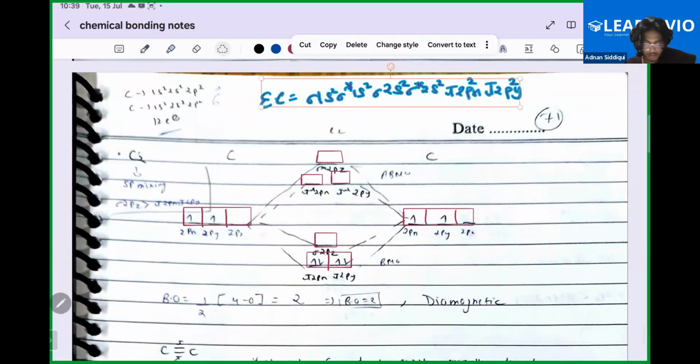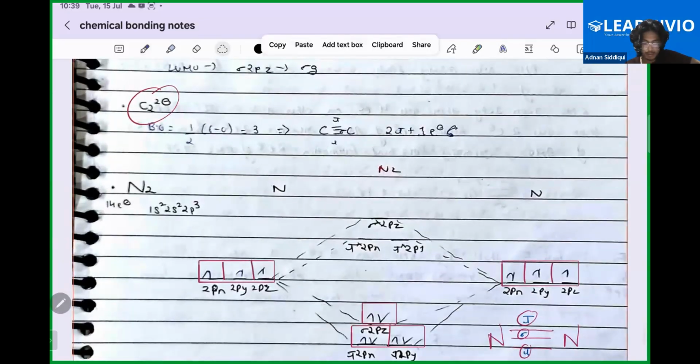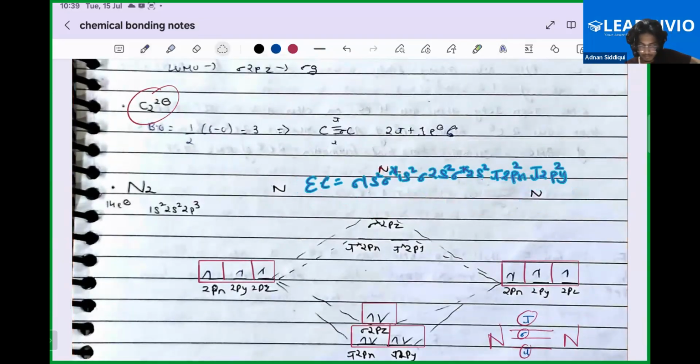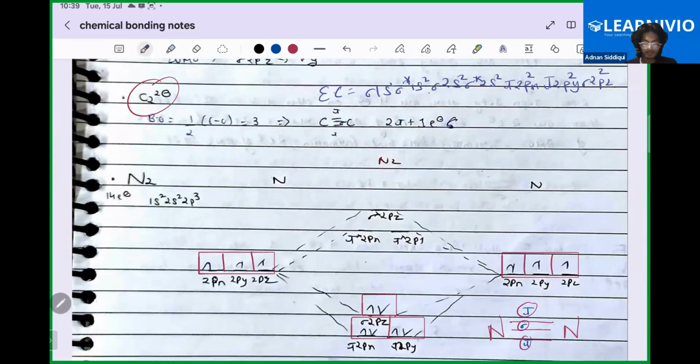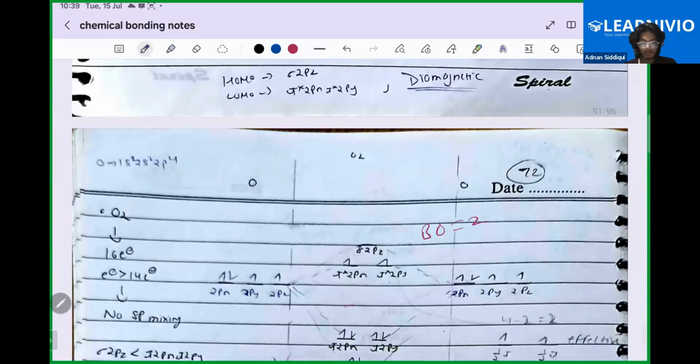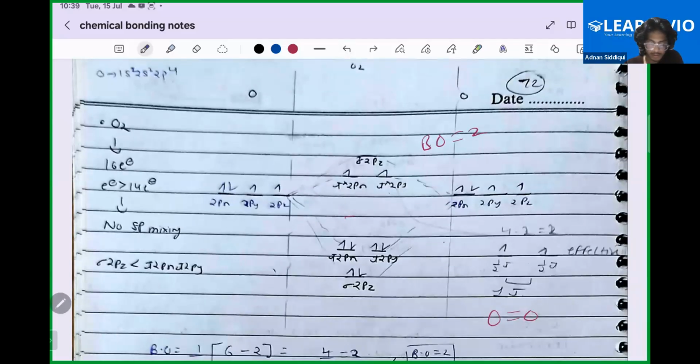What we are going to do here is we will just have a sigma one as well. Now, how will you say? We will say sigma 2pz. Now you were asking what if the s-p mixing is not there. Then you will fill your sigma 2p first. Let us do this.